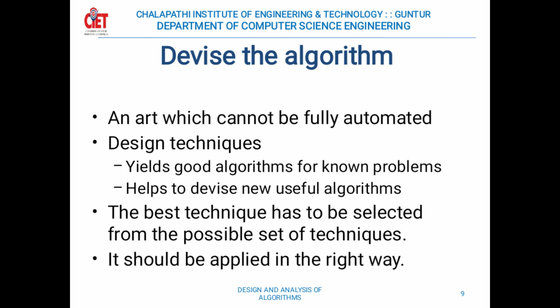First one, devise the algorithm. It is also called the design phase. To design an algorithm, we follow any one of the algorithm design paradigms based on the problem context. There are basically two types of design paradigms available, static and dynamic. Static design paradigms are applied to problems which have static inputs and outputs.